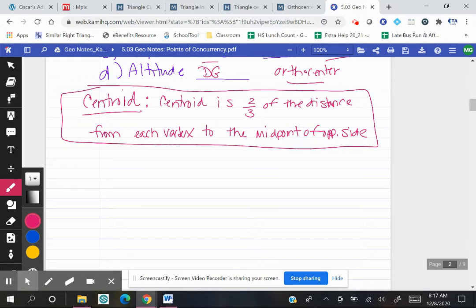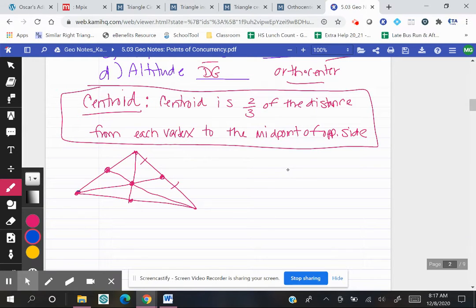So what that means is, if here's your triangle, medians meet at the centroid, and a median is drawn from the vertex to the midpoint of the opposite side. So here's our midpoint, and here's my centroid right here.